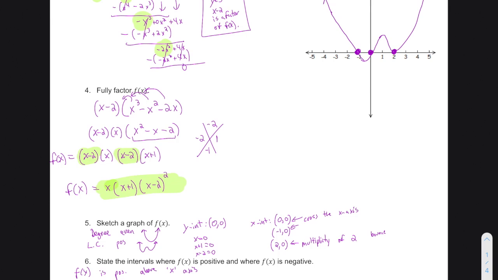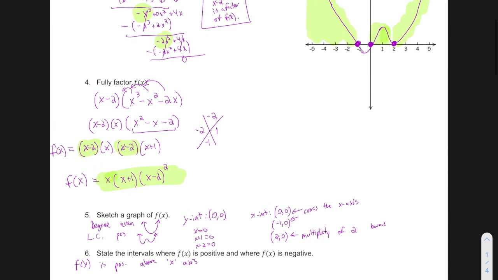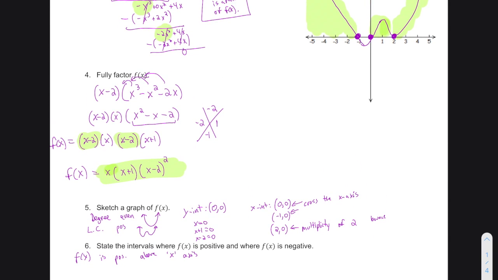Okay. If I look, I can see that here my function will be positive, here my function is positive, and here my function is positive. So anytime f of x, or the graph, is above the x-axis, that is when we are positive. So we are positive for inputs of -infinity all the way up to -1.